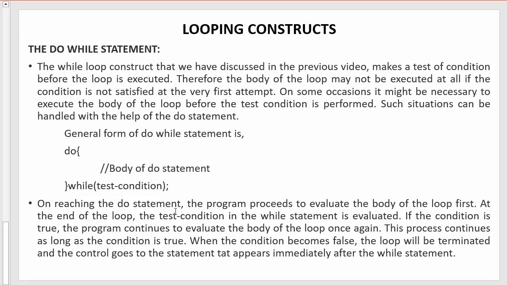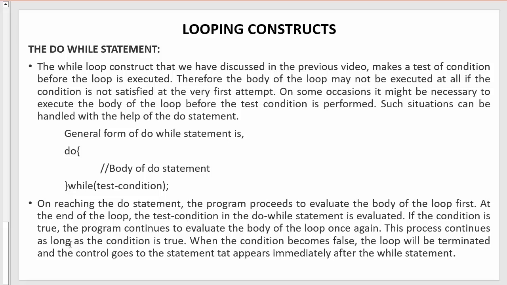On reaching the do statement, the program evaluates the body of the loop first. At the end of the loop, the test condition in the do while statement is evaluated.